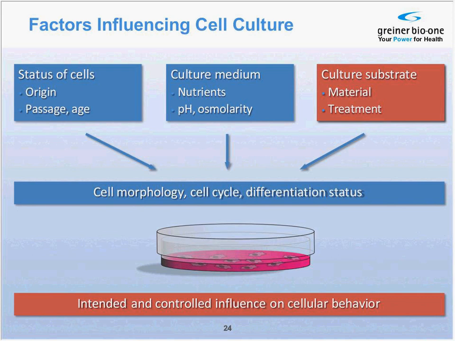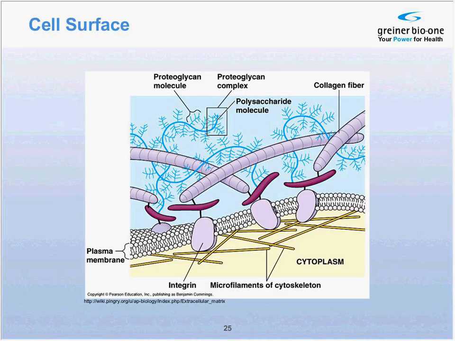Now I'd like to talk a bit about the culture substrates that can be applied on the cell culture vessel. This is a chart showing what the cell surface looks like. Within the membrane, there are the integrins, which are calcium-dependent proteins that can link to extracellular matrix molecules.